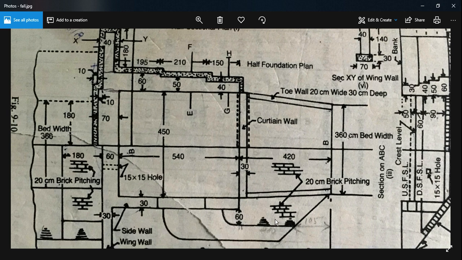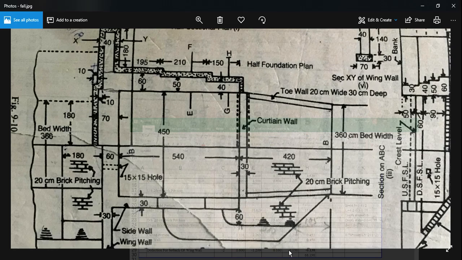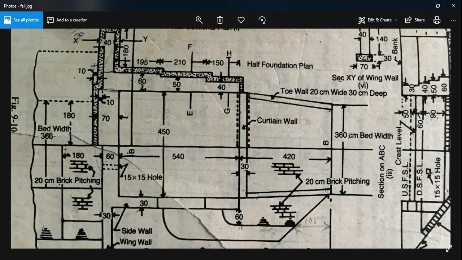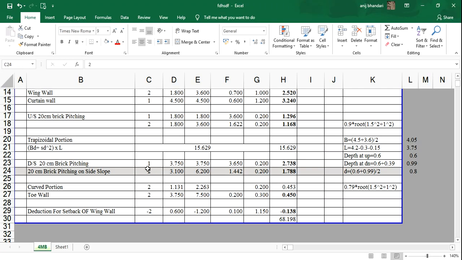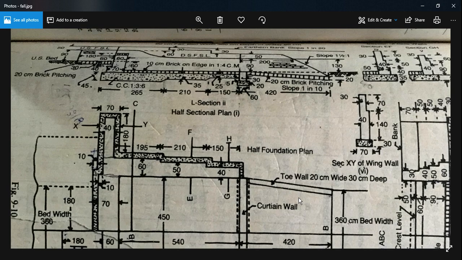Now the remaining brick pitching is at this portion. Here we can see, because it's on both sides, the number is 2. For length, we can see that the length is 4.2 here, and here it is reduced to 2 meter.